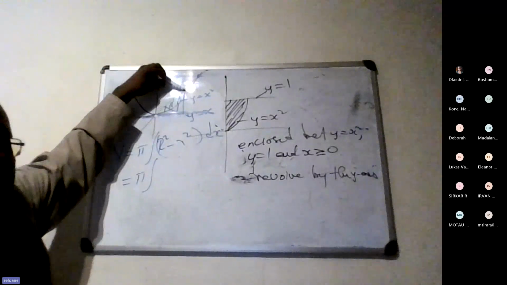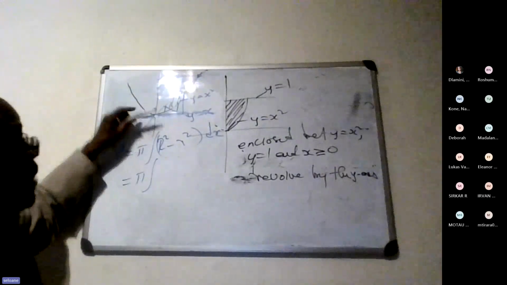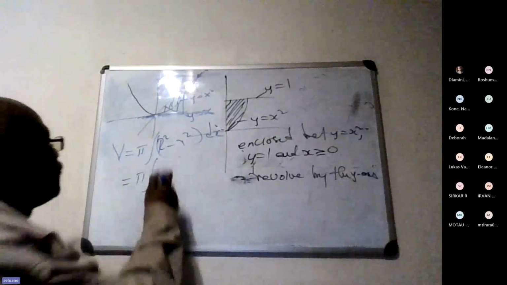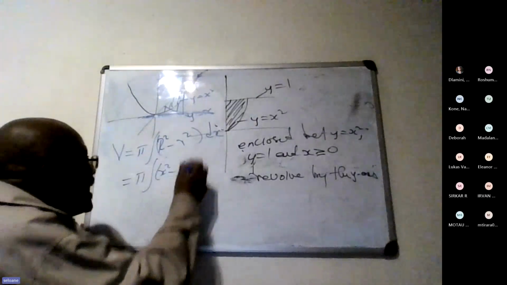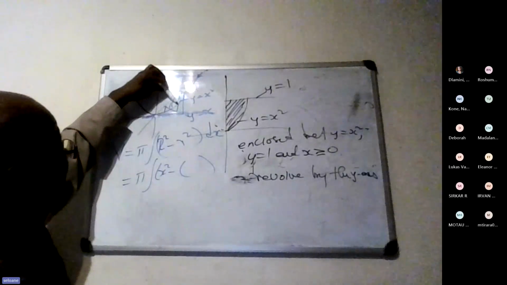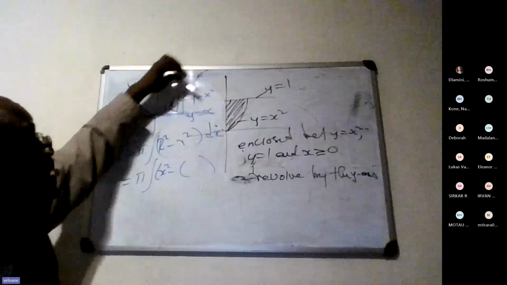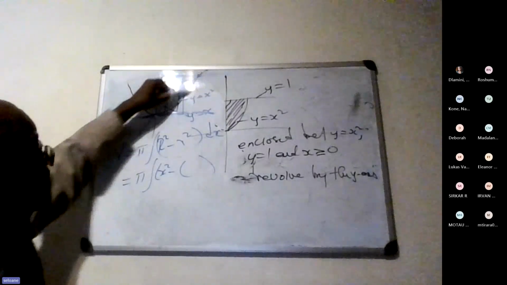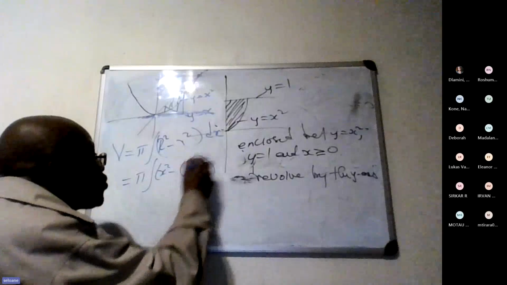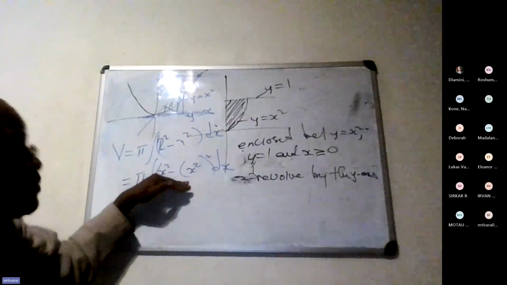Y at any point on the line y equal to x is x. Therefore, it will be x squared minus, y at any point on the parabola is x squared. Therefore, it will be minus x squared, integrated with respect to x. And this is in terms of x.